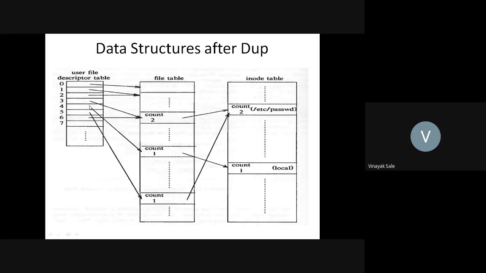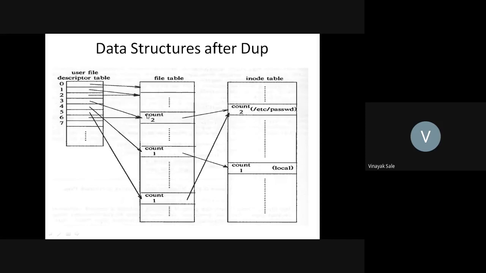Similarly, at the fifth location, the same file is opened for writing purpose. So here count is 1. Initially, whenever it is opened at the third location, the count is 1, but at the sixth location the same file is opened for reading purpose.